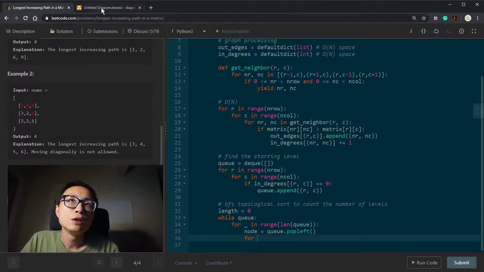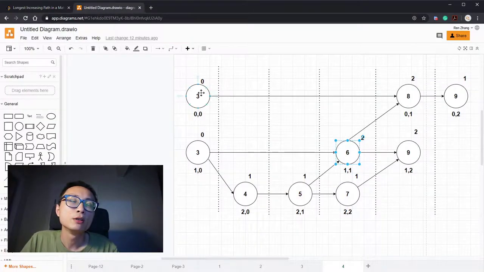So for the node that we popped off the queue, we gotta follow the out edges and decrement the in degree count for the neighbor.